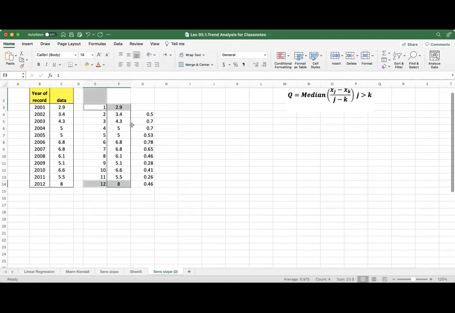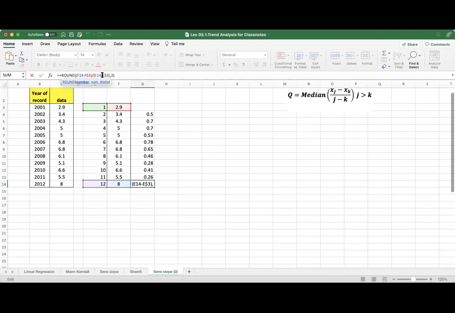And then the formula will be like 8 minus 2.9 divided by 12 minus 1. Okay, so that could be our formula. So let us see how these things are happening here. You can easily see the highlights are on these 2 and on these 2 as well.